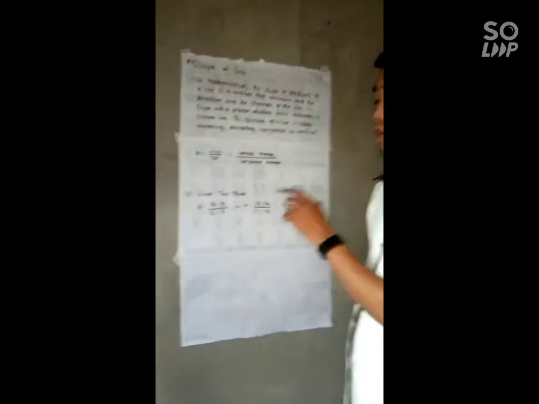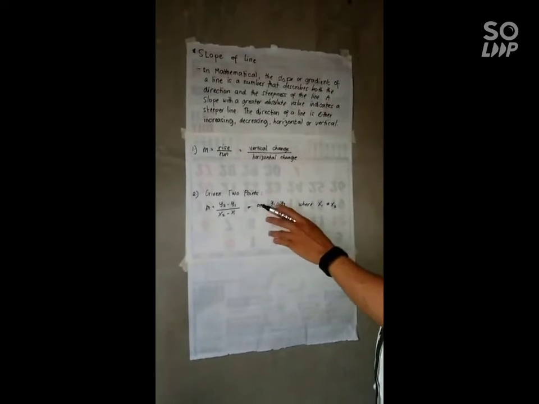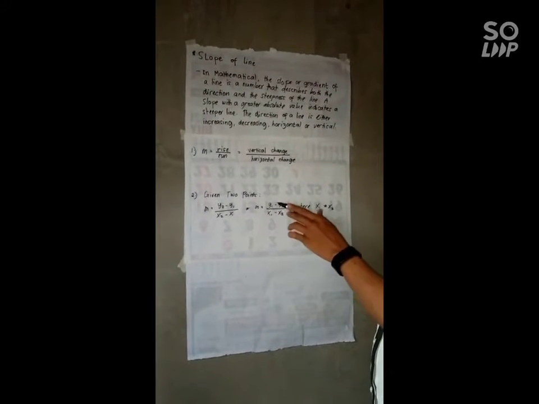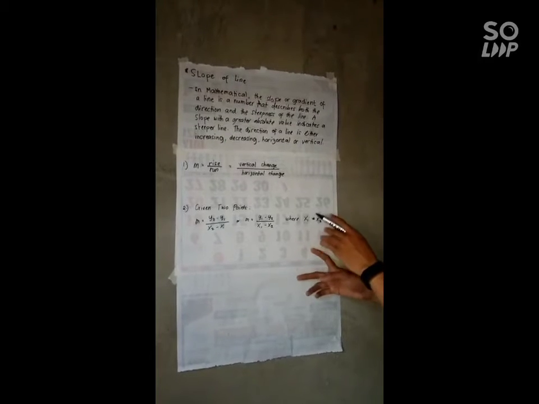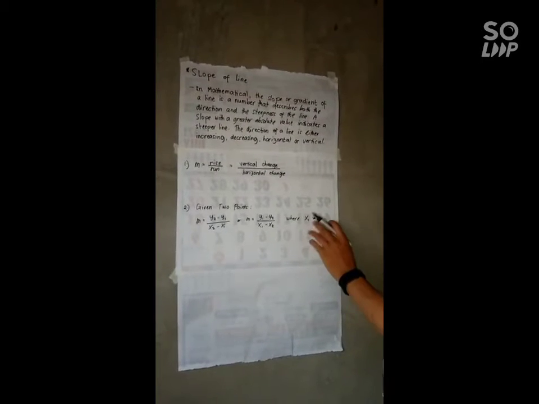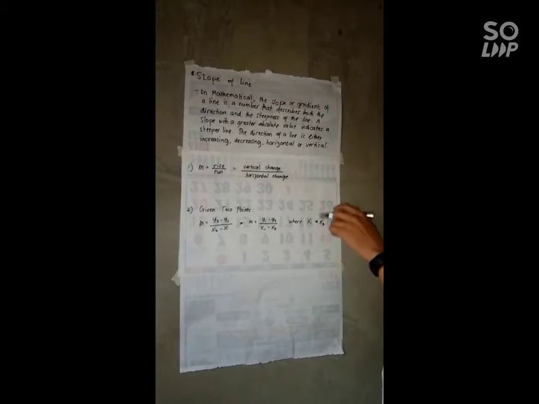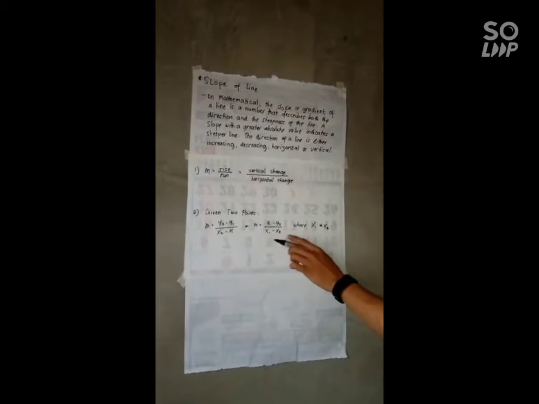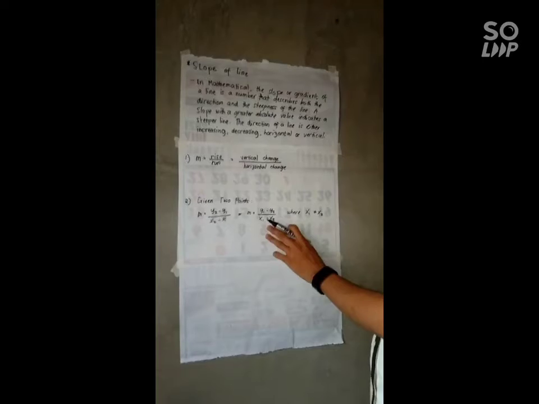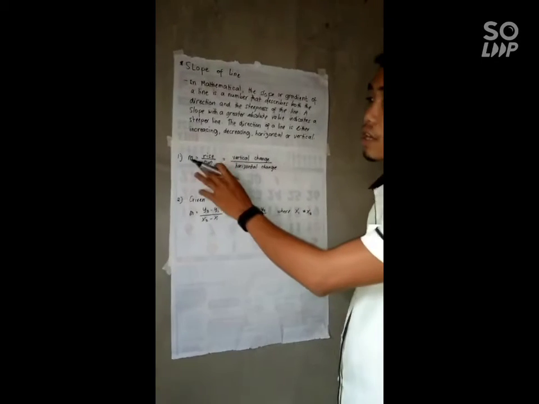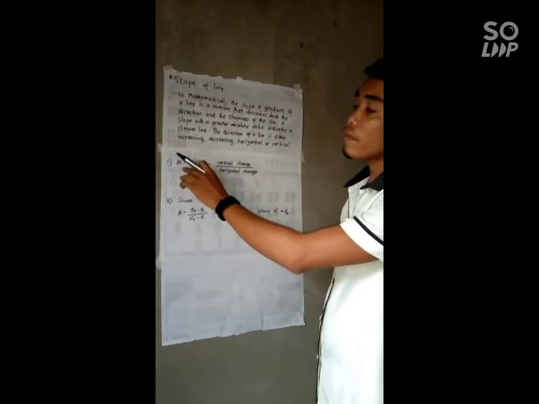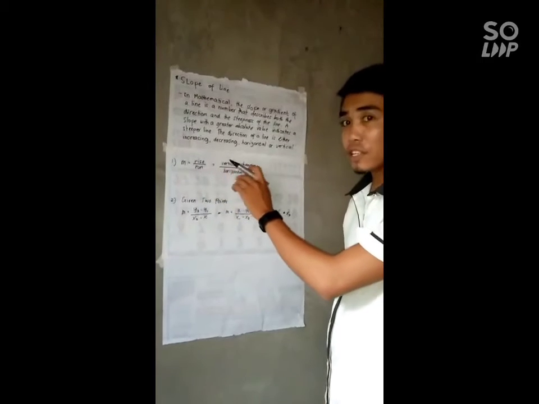Or it can be written as m equals y1 minus y2 over x1 minus x2, where x1 is not equal to x2. If x1 and x2 are equal, the denominator is zero and the result is undefined. So we will give an example of getting the rise and run.